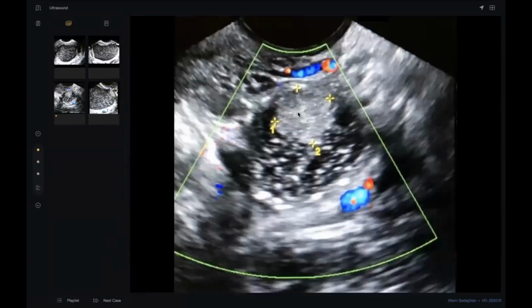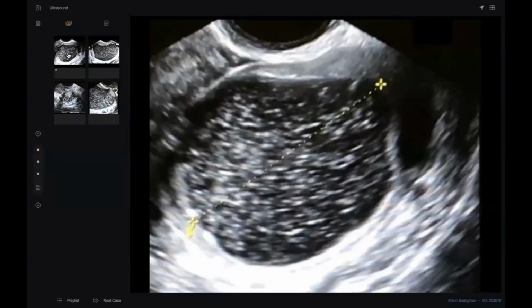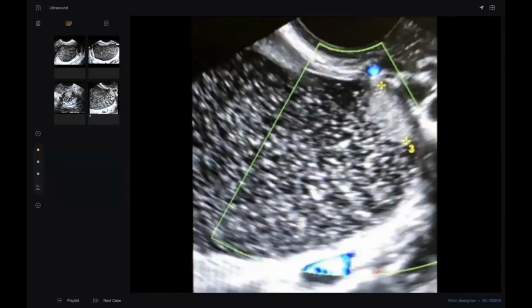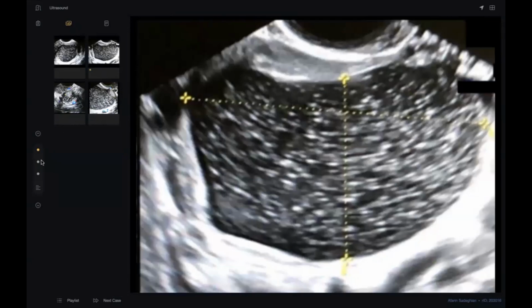I don't know why this nodule didn't show at all in the MRI. Never. Nothing. Even this septation. Any clue for, I think this ultrasound not related to the MRI.